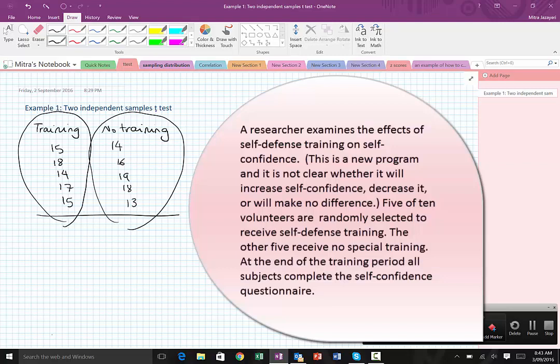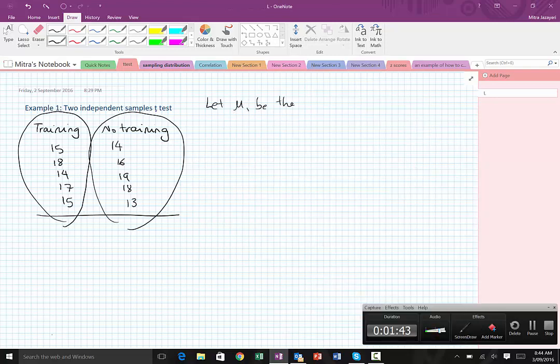So, you can see that the null hypothesis, we say let mu1 be the average score for self-confidence of group 1.